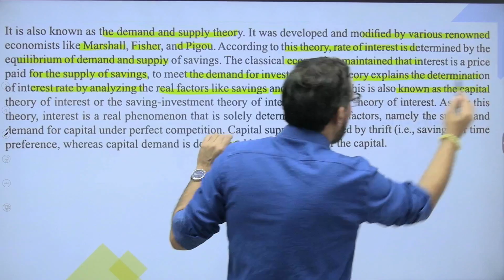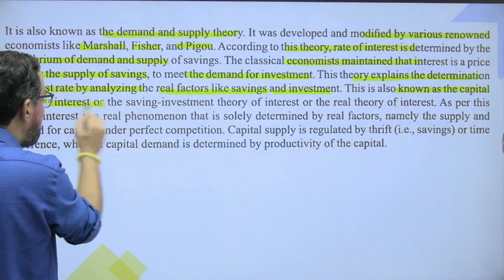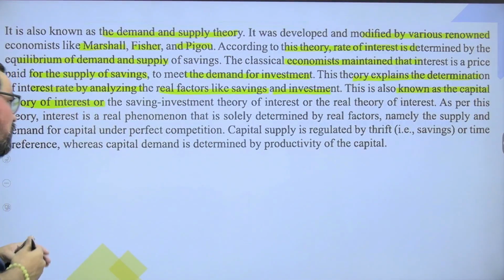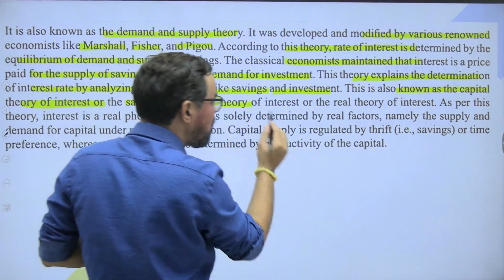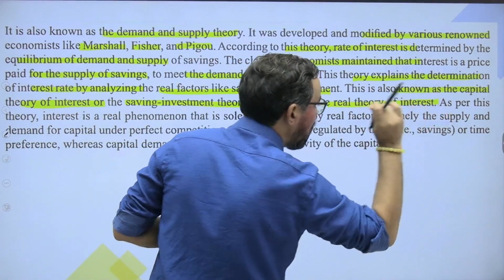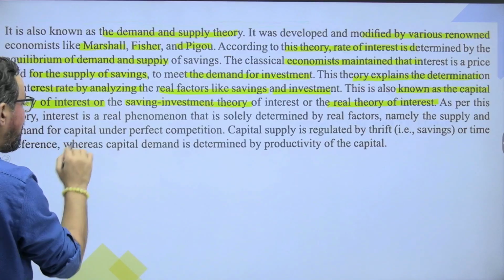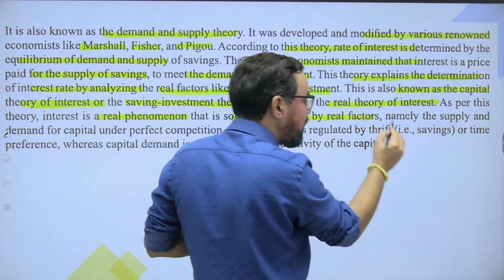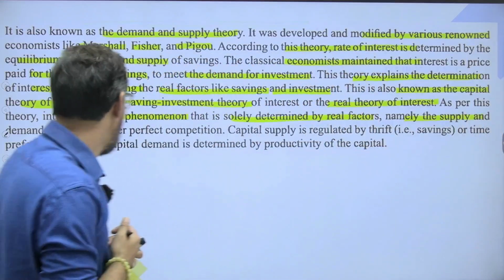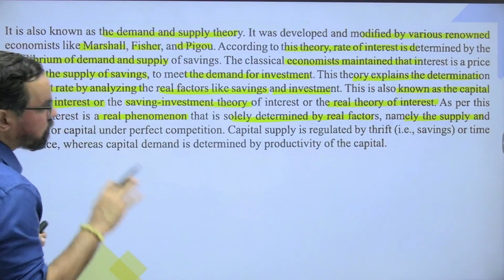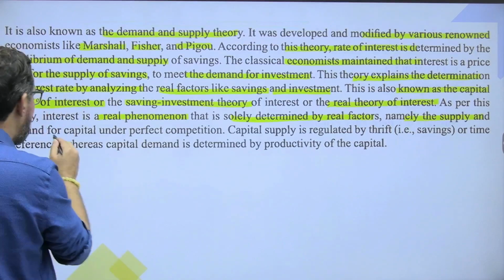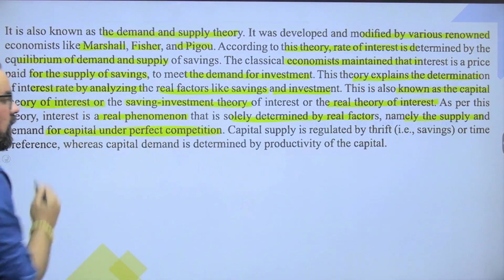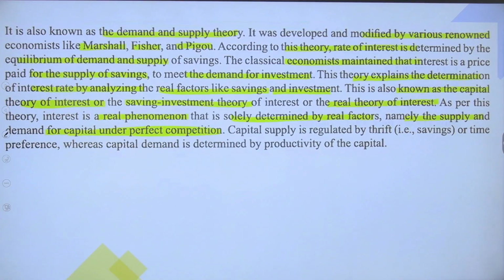This is also known as the capital theory of interest, or the saving investment theory of interest, or the real theory of interest. As per this theory, interest is a real phenomenon that is solely determined by the real factors, which are supply and demand for capital under perfect competition, ठीक है। So capital supply is regulated by thrift, like savings or time preferences.